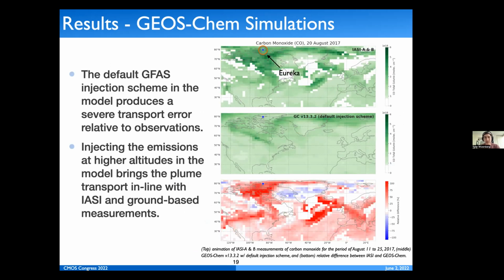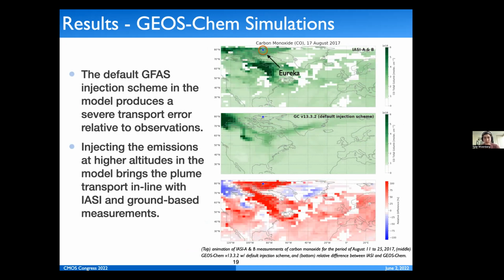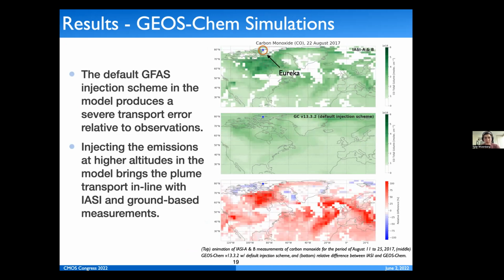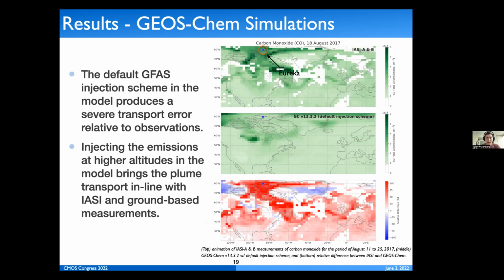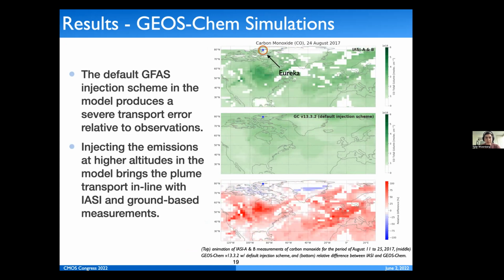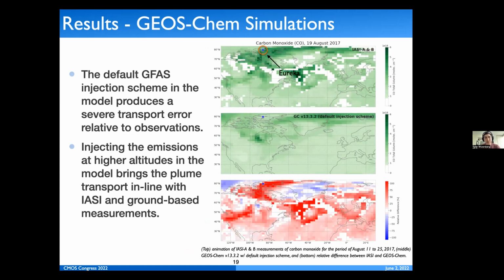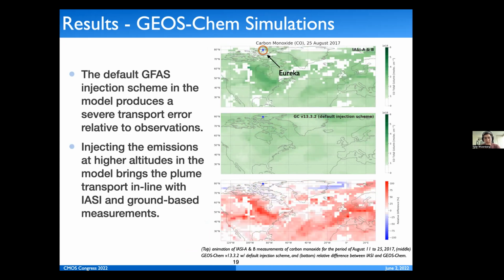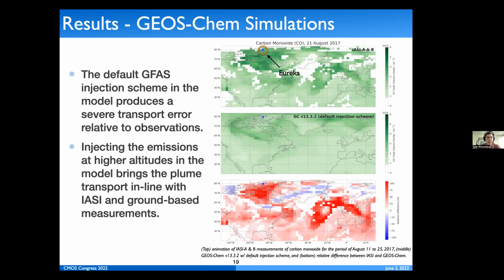On the top panel is IASI A and B data regridded onto the GEOS-Chem grid. And the middle panel is showing the GEOS-Chem simulation using this default injection scheme. Just by comparing the two, you can see that IASI sees the plume pass directly over our station in Eureka. But in GEOS-Chem with this default setting, it goes almost completely around Eureka.